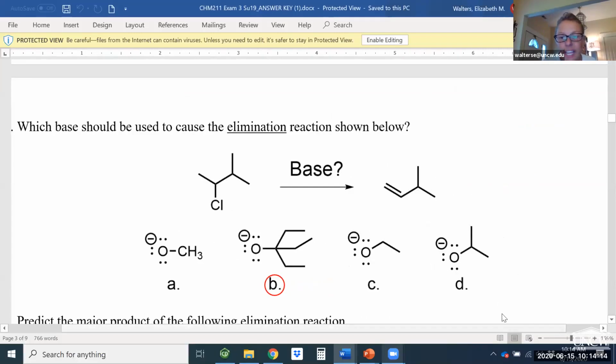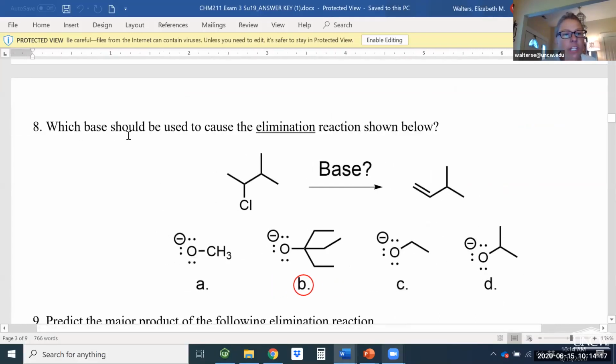In this case, which base should be used to cause the elimination reaction shown below? Where I would start is highlighting the carbons in the alkene versus the carbons in the substrate alkyl halide.